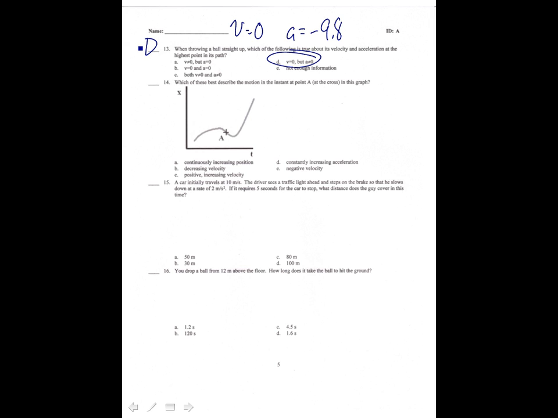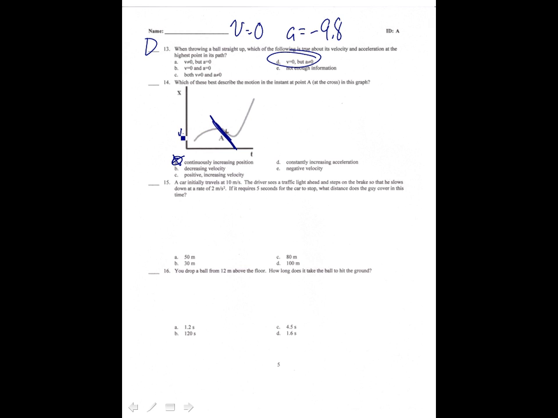Which of the following best describes the motion at the point A? Well, at the point A, we have a negative instantaneous velocity. We don't have a continuously increasing position. Actually, at point A, the position is decreasing because the position is going down.